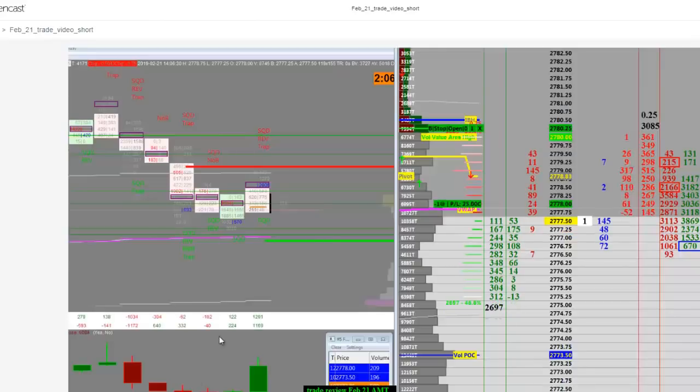Okay, so we're working with the S&P 500, and we see that we rejected off of these higher levels where you see on the left-hand side it says trap, SQD, reversal trap, no buyer, SQD trap, SQD, no buyer. Then we're seeing a test, and this test is met with a lot of delta. So this delta is basically an imbalance of buys versus sales.